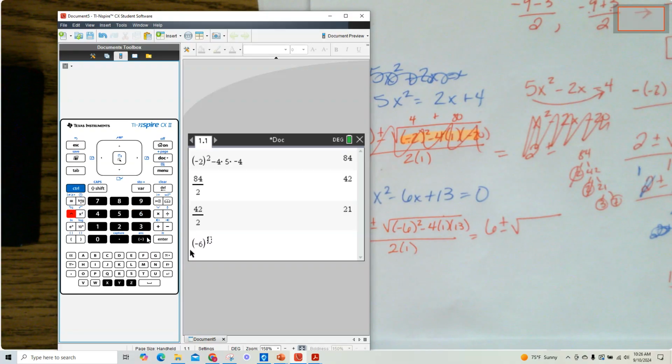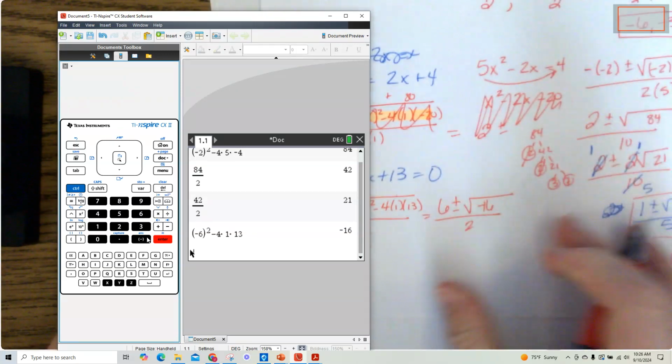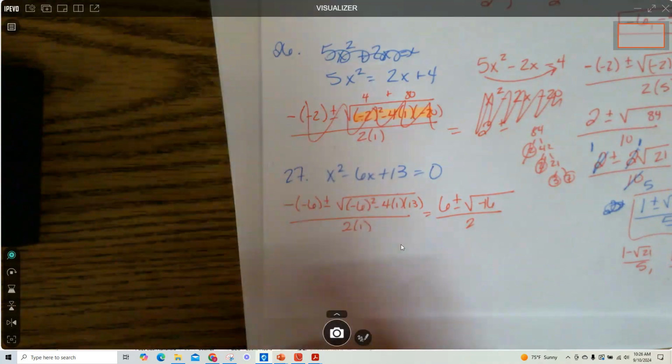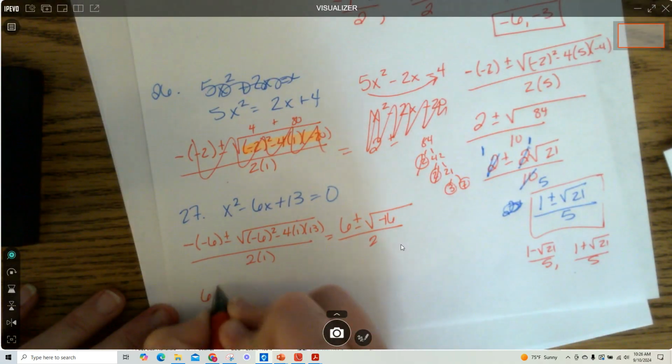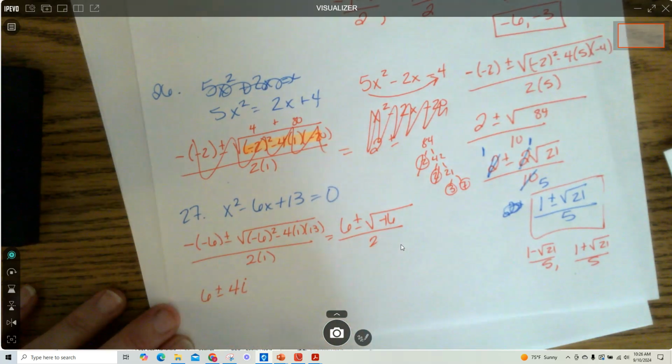So negative 6 squared minus 4 times 1 times 13 gives me a negative 16. Okay, so first off, square root of negative 16 is going to be a 4 and an i.